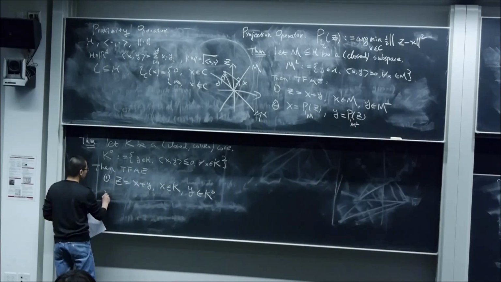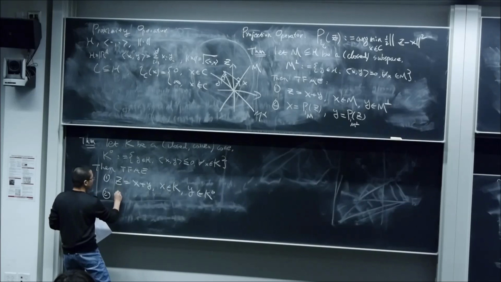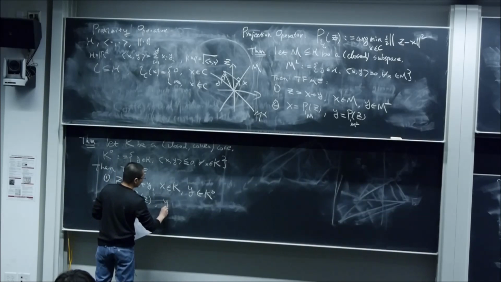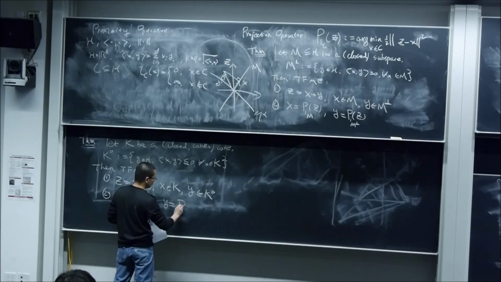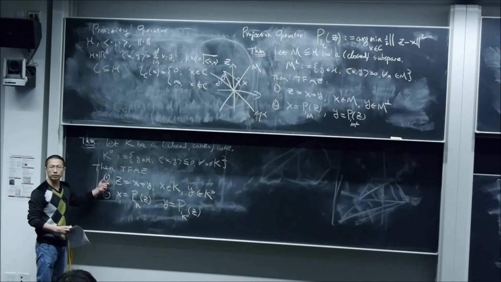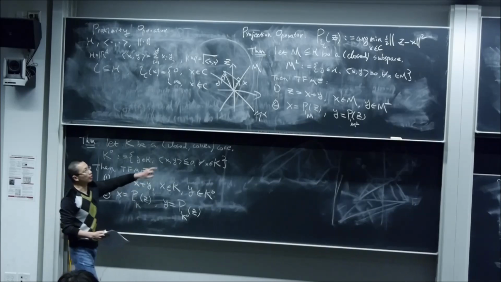Second, x is the projection onto the cone K, and y is the projection of Z onto the polar cone. So who has seen this theorem before? Okay, only one or two. So this is a strict generalization of that.